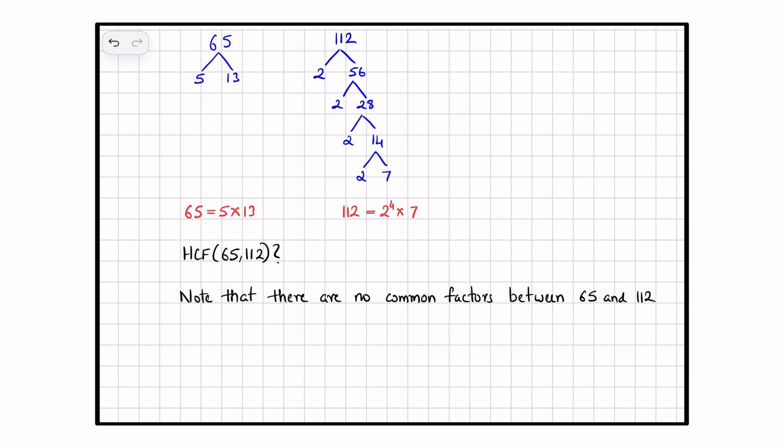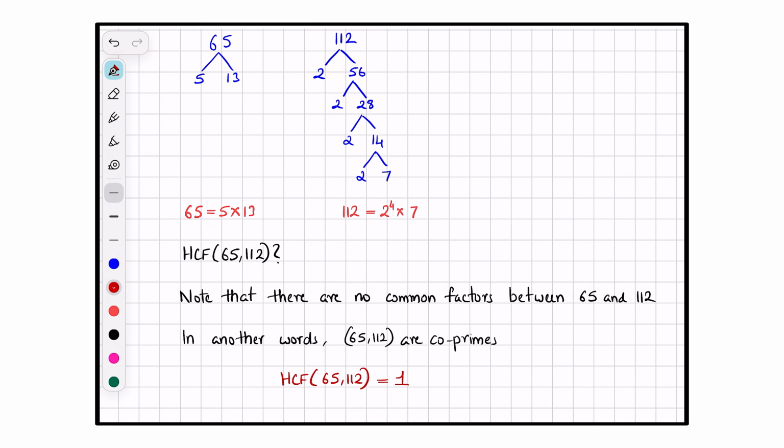We can see that there are no common factors between 65 and 112. In other words, 65 and 112 together form a coprime pair. So therefore, HCF of 65 and 112 is simply 1.